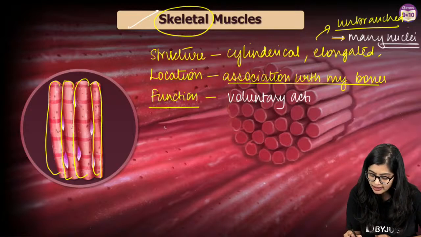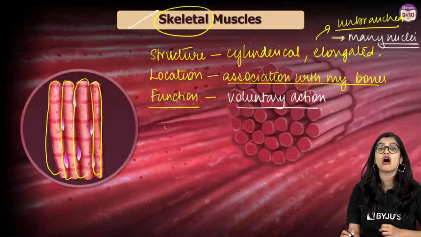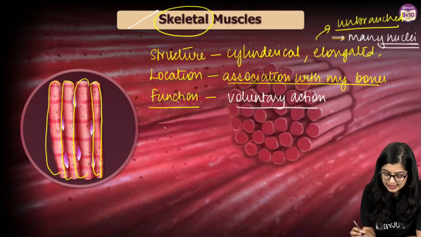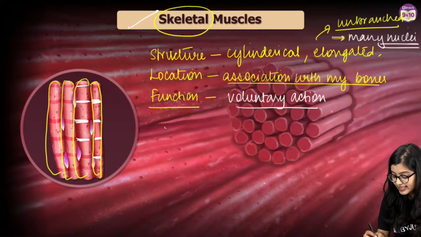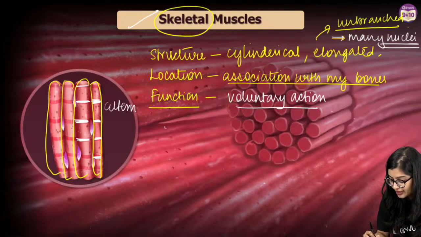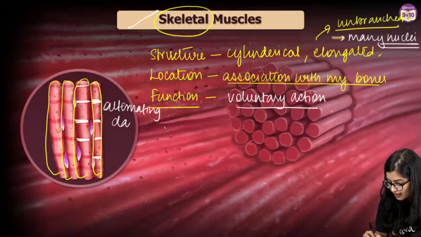Now, a very important characteristic that we should not avoid, right, is that there is no branching, but we see that there are alternating dark and light bands, right?